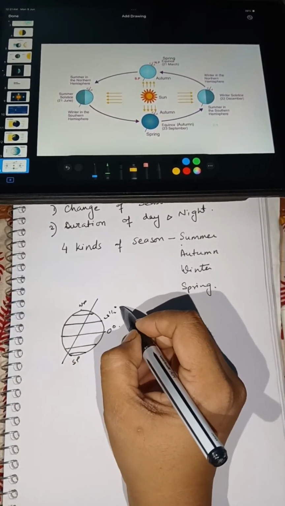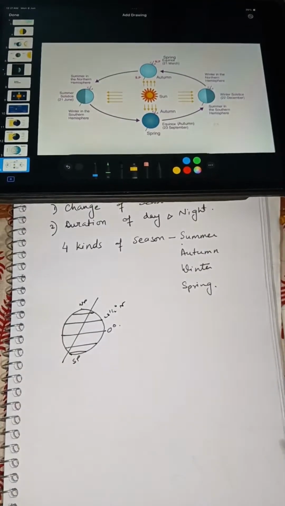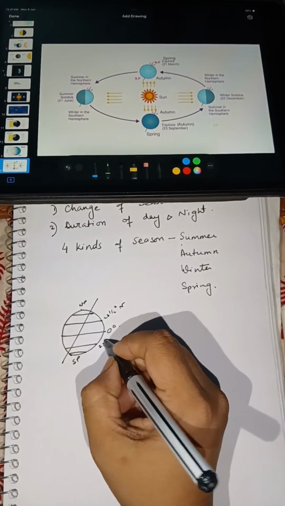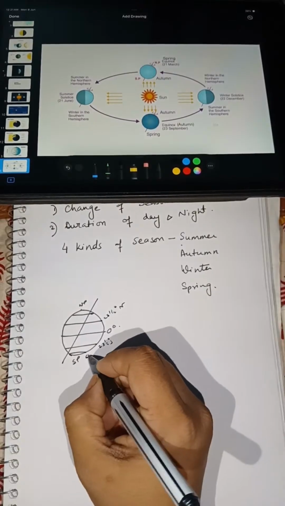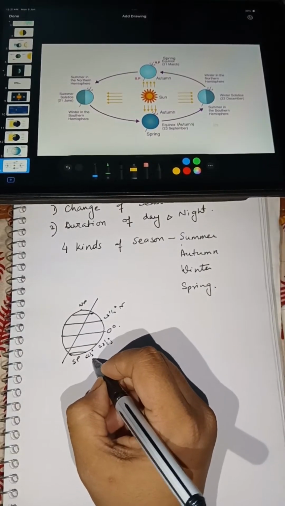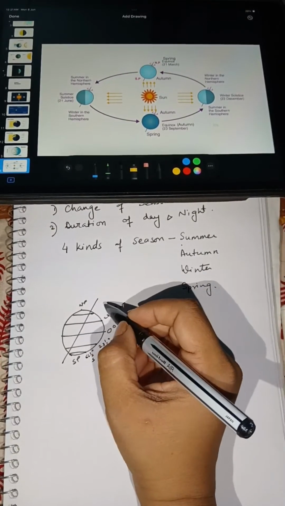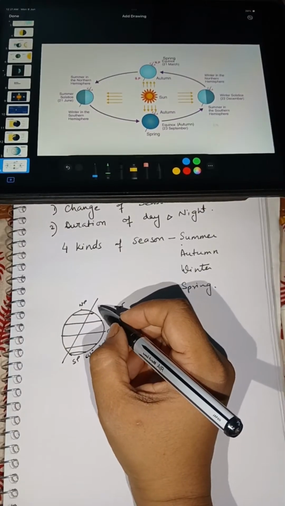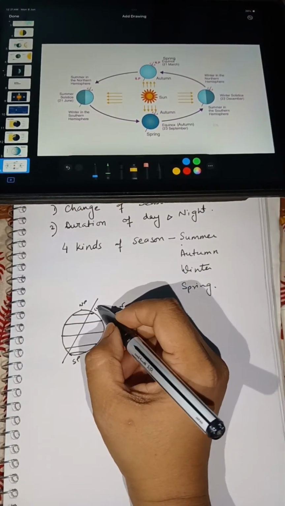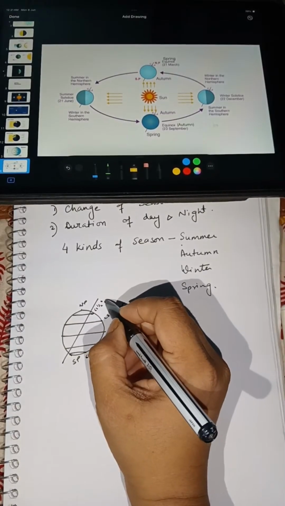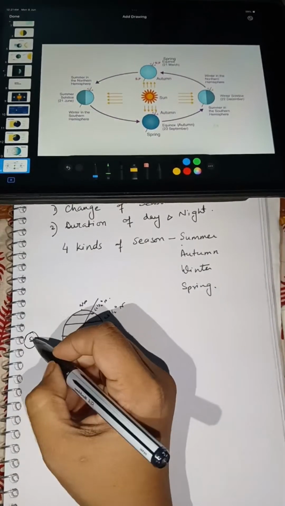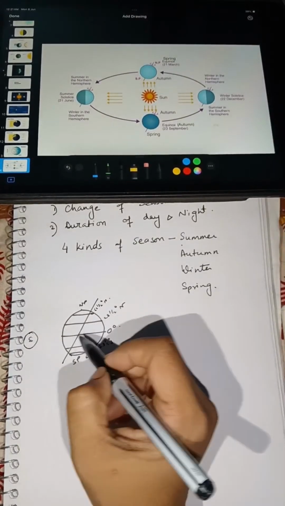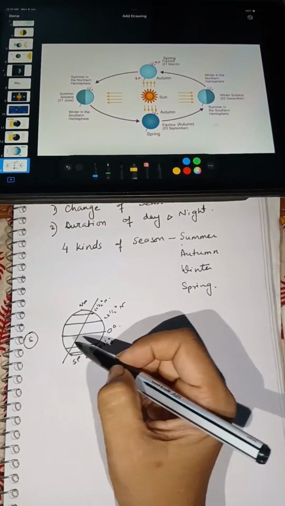This is 23.5 degree north, this is 23.5 degree south, and this is 66.5 degree south. And this is 66.5 degree north. Now, the sun is in this position.